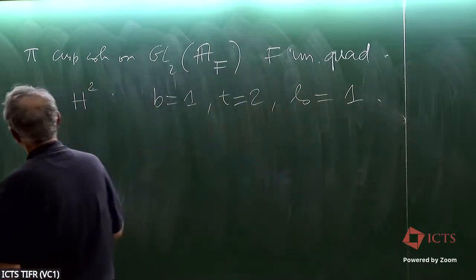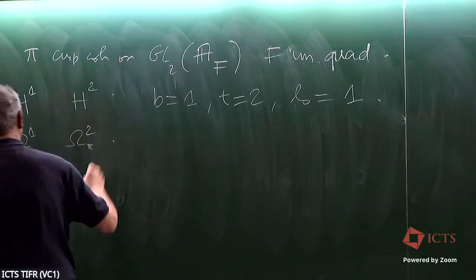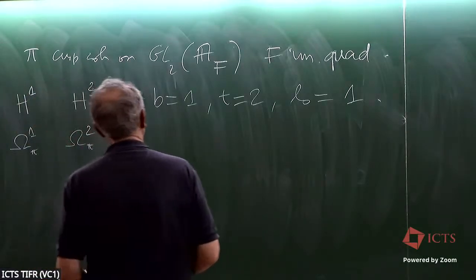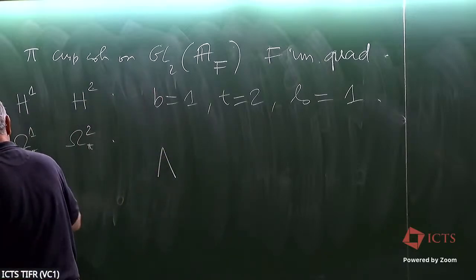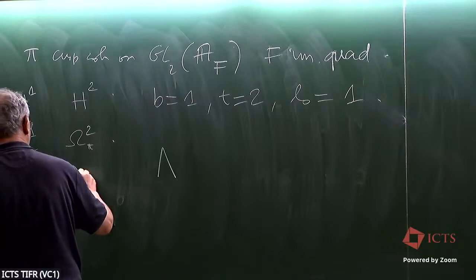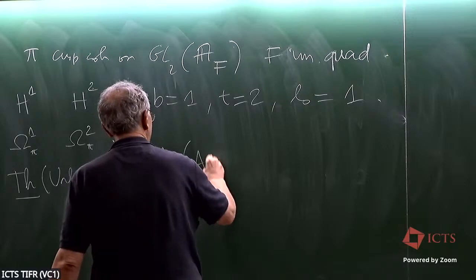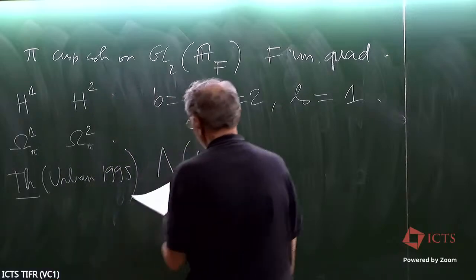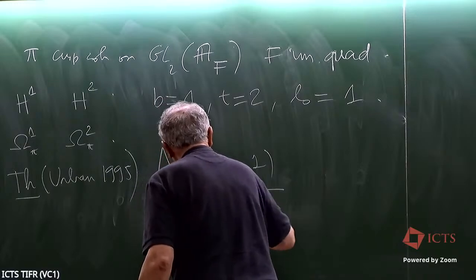And so you have two periods, omega pi 1 and omega pi 2, which were defined. And so you have the theorem of Eric Urban. This is his thesis, 1995. So lambda of adjoint rho pi 1, this is not critical, divided by omega pi 1, omega pi 2.